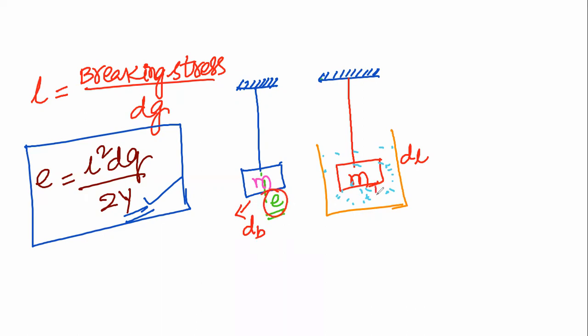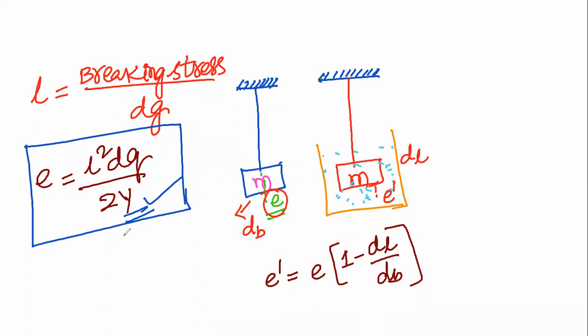In the liquid, the extension will be e dash. So e dash is equal to e into 1 minus dl divided by db. This is the elongation whenever it is dipped in the liquid.